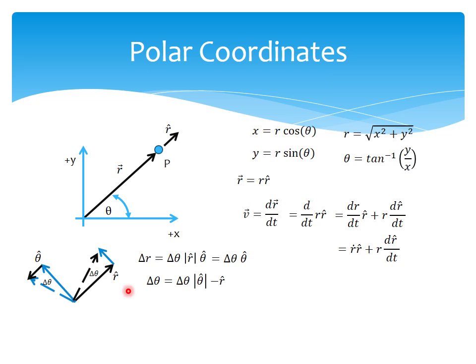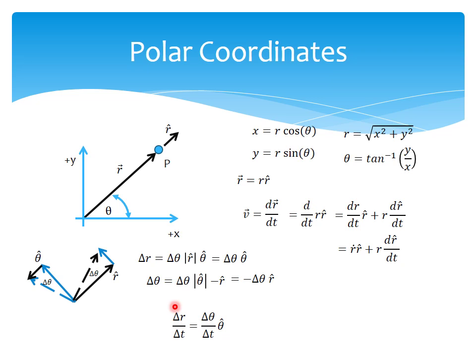I can do the same thing for the change in the unit vector theta hat. You'll notice it points in the opposite direction of r hat, so I've got this negative sign here. And the magnitude of theta hat is 1, so I can write my change in the unit vector theta hat in this fashion.